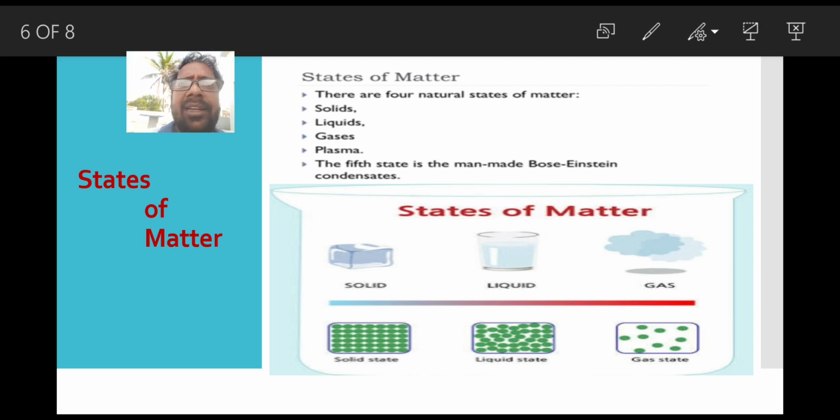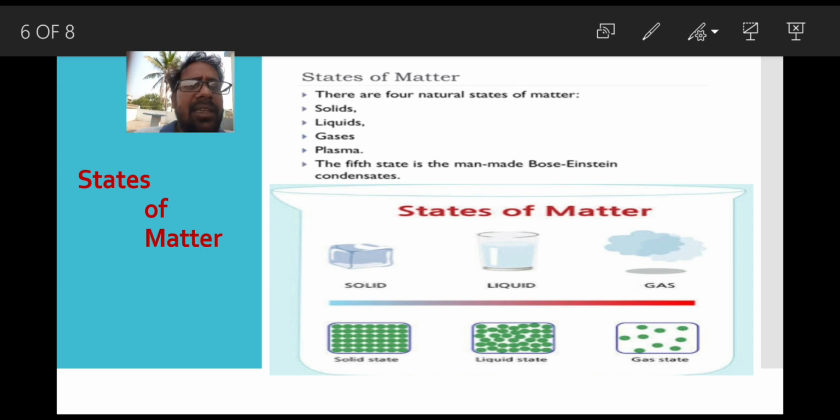And you know that when space is less, attraction will be more. Suppose you have two magnets, and you bring the two magnets near each other. What happens? They will attract. This means in solid form, particles are very close to each other, so they have a high intermolecular force of attraction.